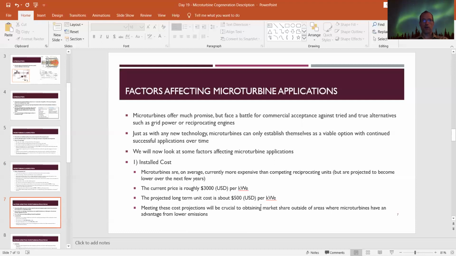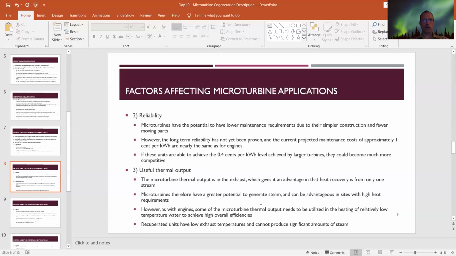Projected long-term cost is about $500. So again, after more research has been done and more of these have been made, and you have bigger facilities making these at a faster, larger rate, you can improve your overall efficiency. Hopefully we get that down to $500, and then hopefully once that's done, these will be used more.